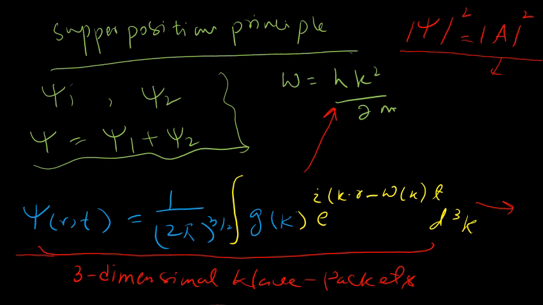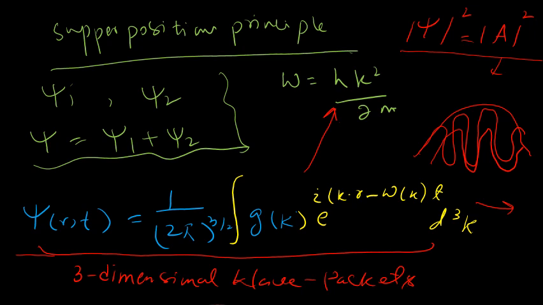Now what is the advantage of taking this three-dimensional wave packet? We have already seen that the individual waves within the wave packet interfere constructively, and their amplitudes are adjusted so that they interfere constructively within a certain region of space and destructively outside this region.